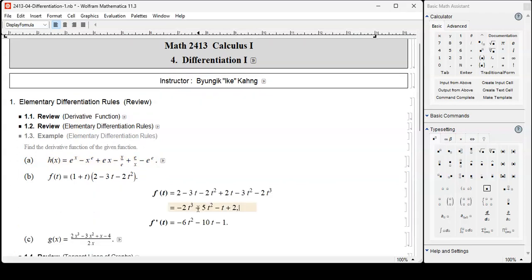Even in this kind of problem, you see, negative 2t cubed became negative 6t squared, and this one became that. Keep the same order so you can track down which term became what. If you change the order, you lose the definition, you lose the justification.